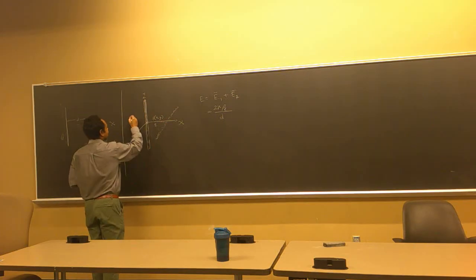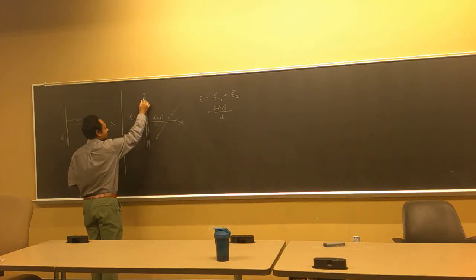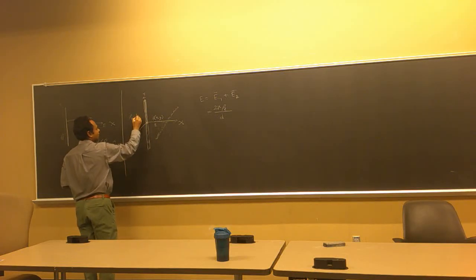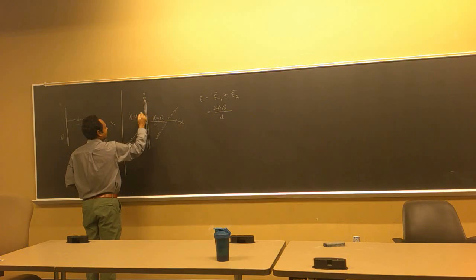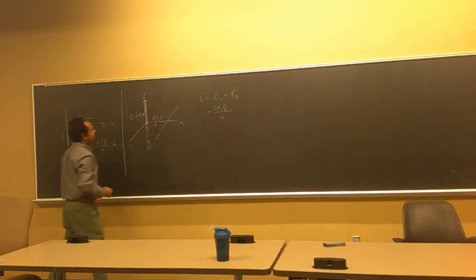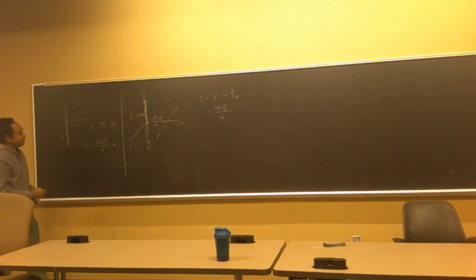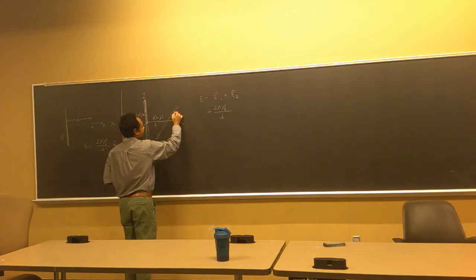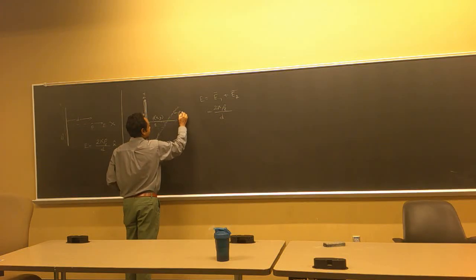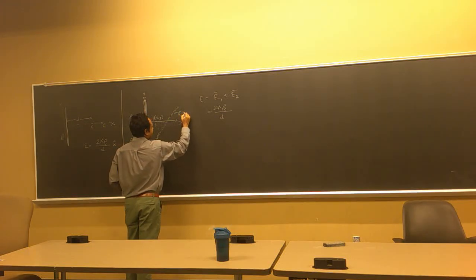So maybe rho L for the first wire is probably one nanocoulomb per meter, and the rho L for this other wire might be 5 nanocoulomb per meter.